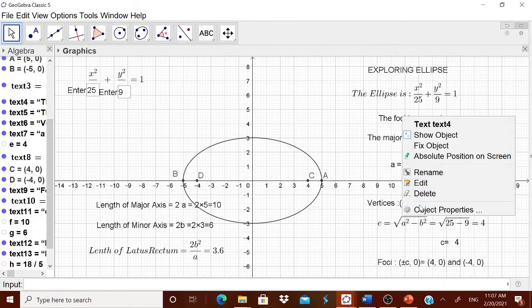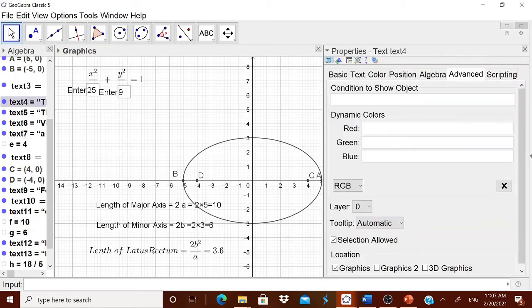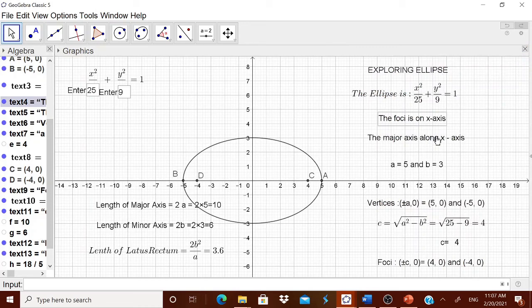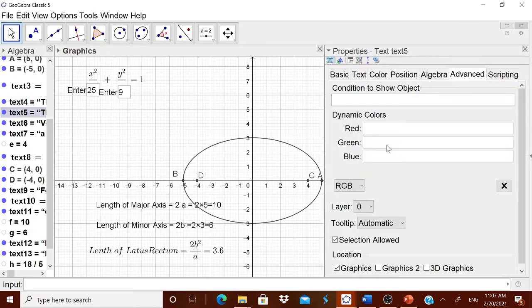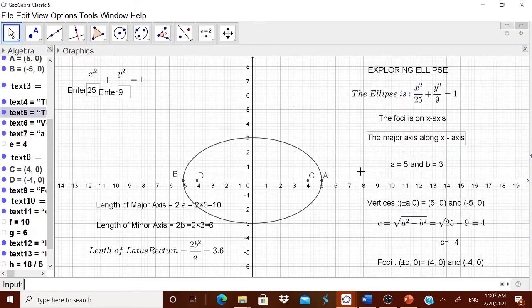Again the foci is on the x-axis also. The condition is a greater than b, then only this. Okay, I will copy it so that I can do it for all. Major axis along x-axis also the condition. Have some patience, press enter carefully, then close it.